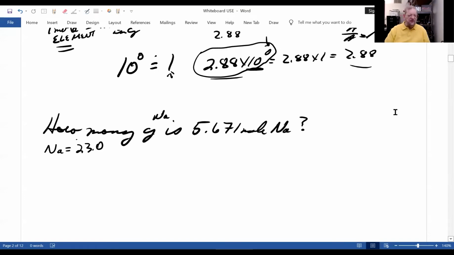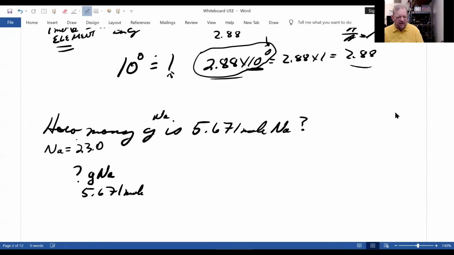All right, let's do this. So the question is, how many grams of sodium is 5.671 moles of sodium? So what are we trying to find? Grams of sodium. What are we given? 5.671 moles of sodium. And what do we know? 1 mole of an element equals its atomic weight.